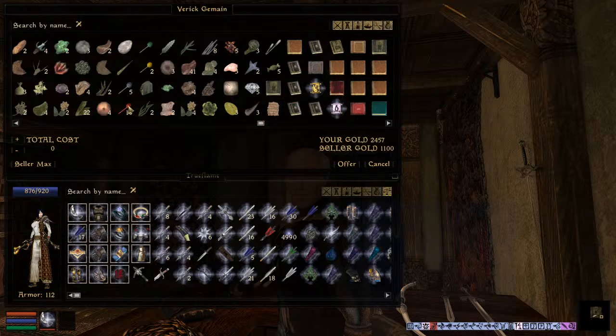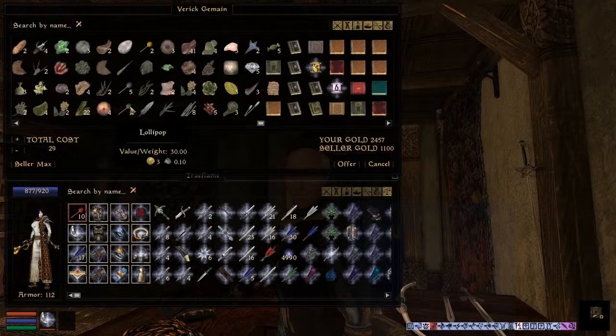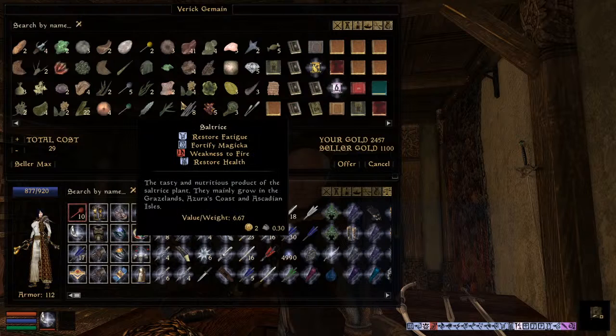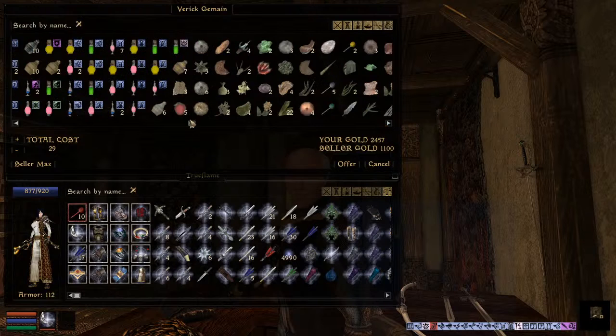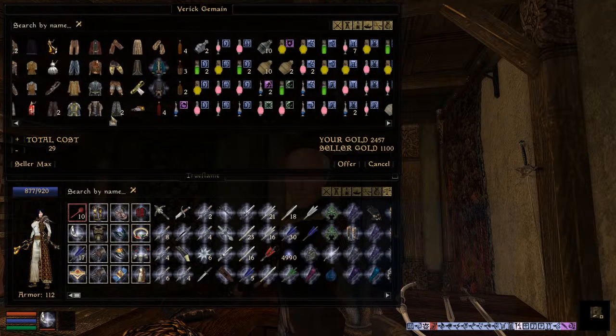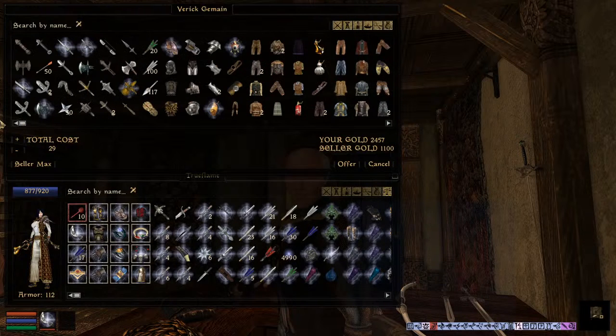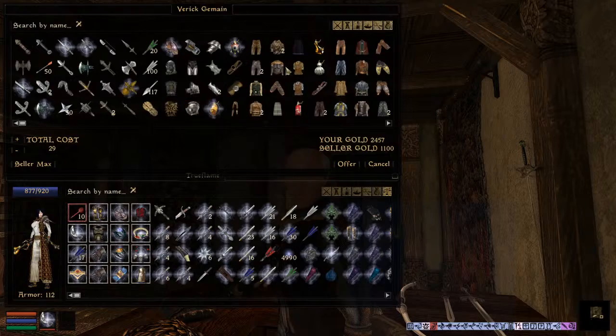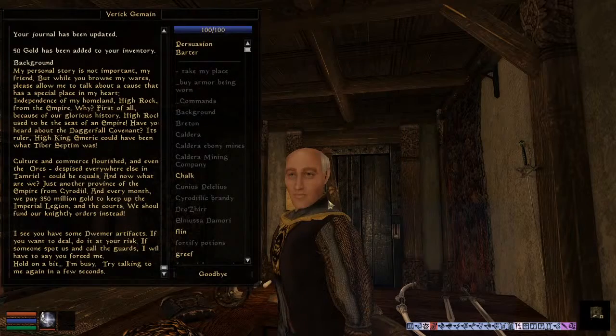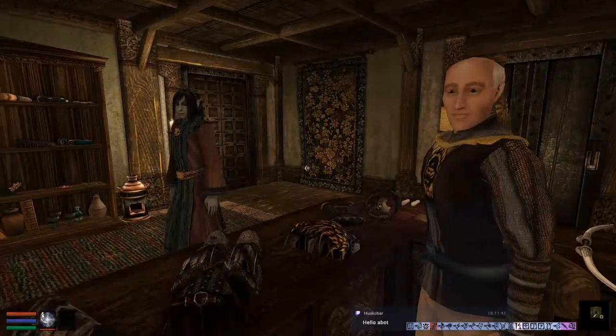Oh, so buy some lollipops for children. Oh, here it is. Devil Cephalopod Helm, but not sure it's the right one.